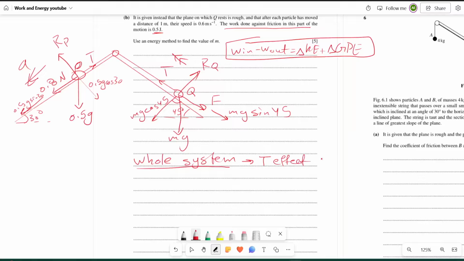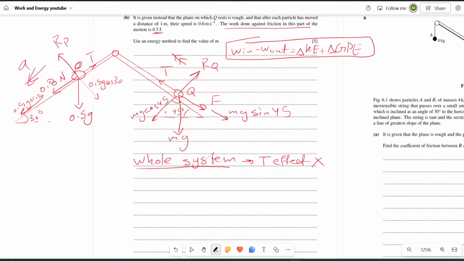You don't need to include the tension in work in or work out because the tensions are going to cancel. If you remember, tension here was a work out and tension here was a work in. So we had a minus T times 1 in P, and for Q we had a T times 1. So they will eventually cancel. Taking the whole system skips this part and just tells you that I won't include the tension effect.